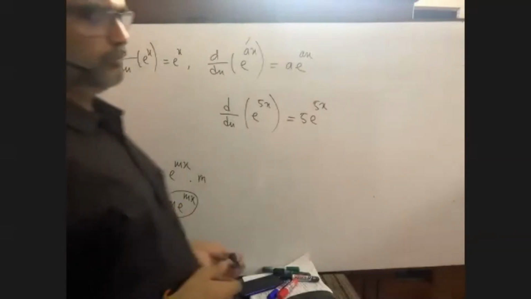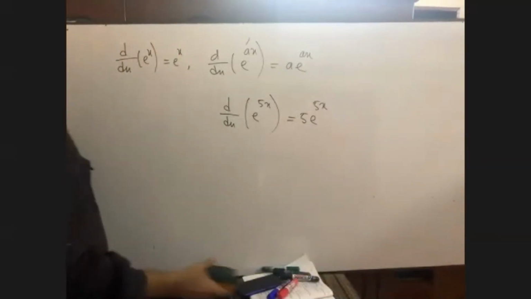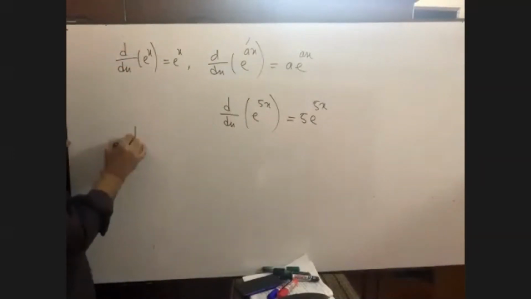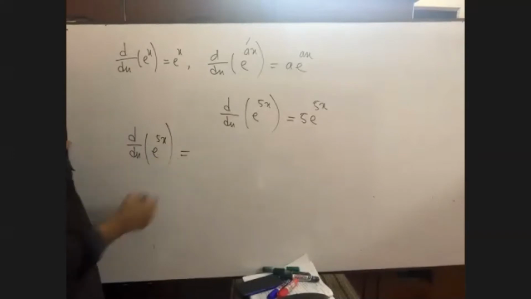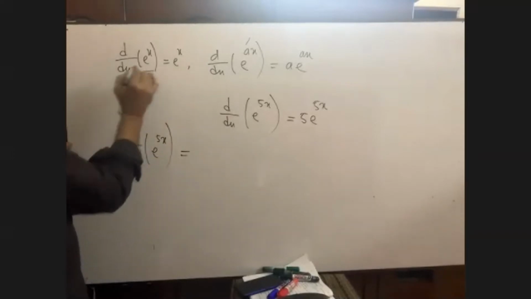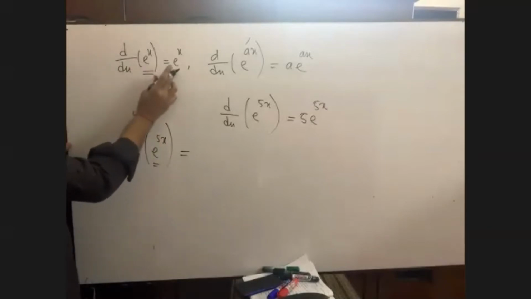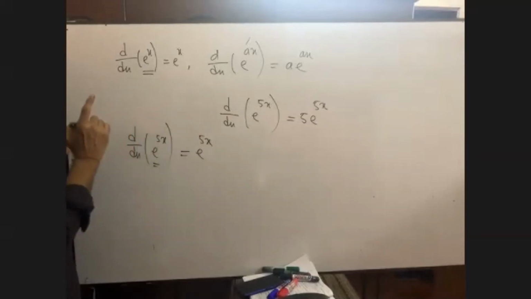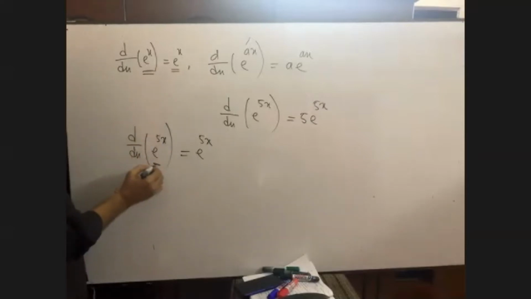But we have another rule to find it. Suppose we are going to differentiate d by dx e to the power 5x. Now you just compare it with e to the power x. What is the formula? The derivative of e to the power x is e to the power x.